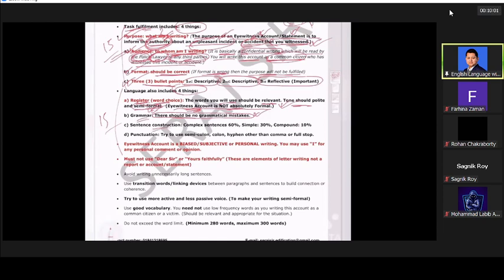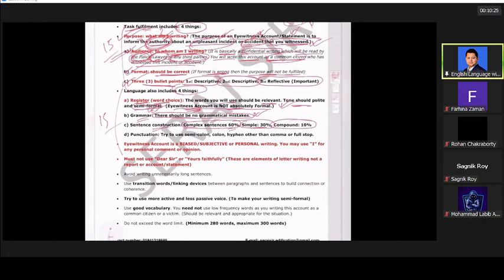Okay, sentence construction. I have already told you that in your writing, there should always be 60% complex sentences, 30% simple sentences, and compound sentences should be 10%, because the British examiners think that complex sentences are the best quality of sentences you can write. Remember, all professional writers always use more and more complex sentences in their writing. And then there should be 30% simple sentences.